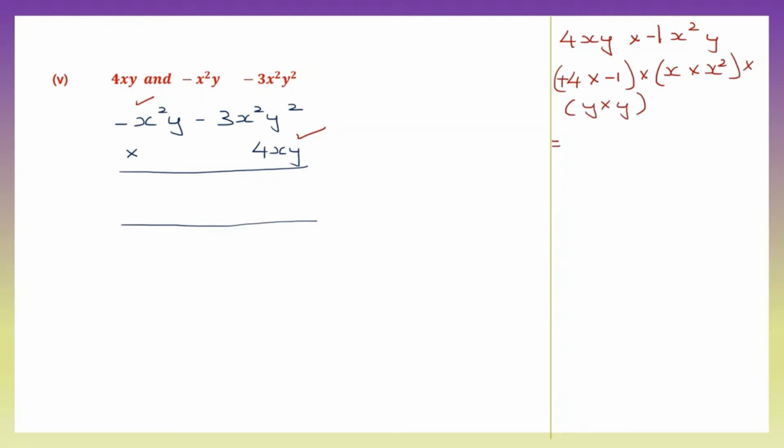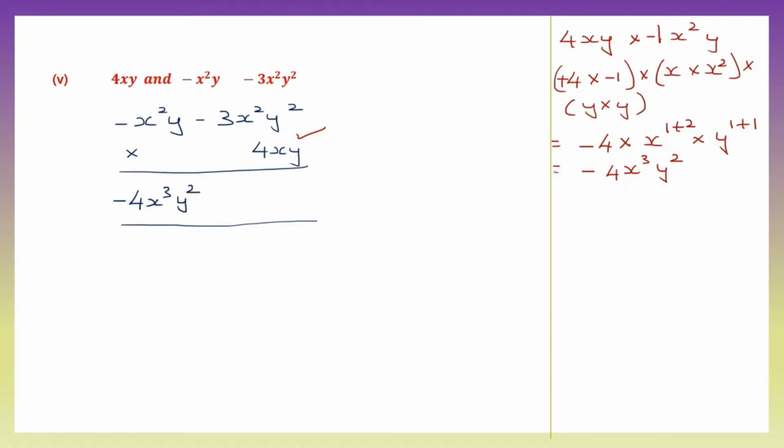Plus into minus is minus. 4 ones are 4 into x to the power of 1 plus 2 into y to the power of 1 plus 1. So here we get minus 4 x to the power of 3 y to the power of 2. So we've got minus 4x cubed y square. So we finished with this.